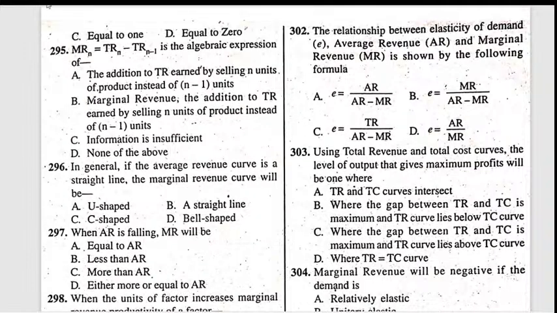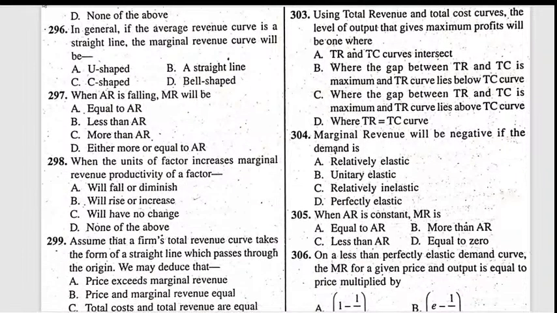Next question is saying that the relationship between elasticity of demand, average revenue and marginal revenue is shown by the following. We have already discussed, the correct option is A. Moving ahead to question number 303, using total revenue and total cost curve, the level of output that gives maximum profit will be. Here TR minus TC is the formula of profit, so where the gap will be maximum, it will be of maximum profit.